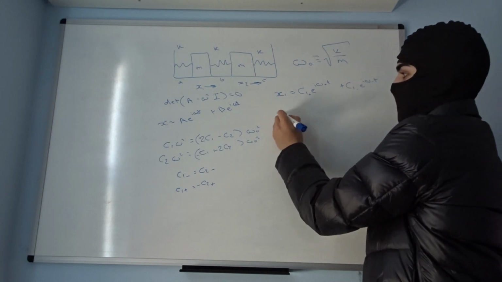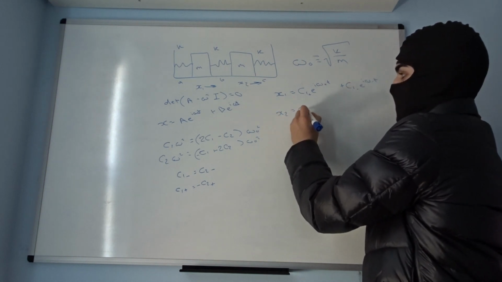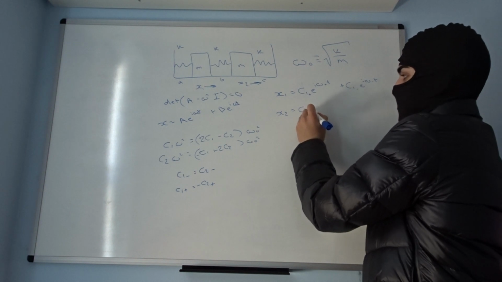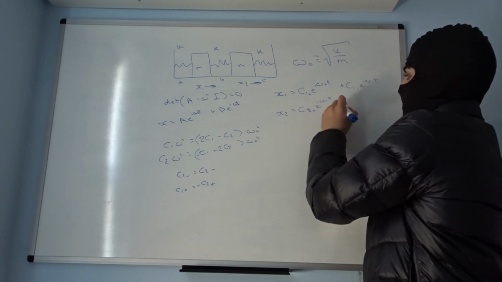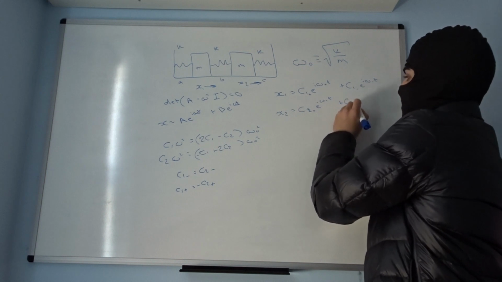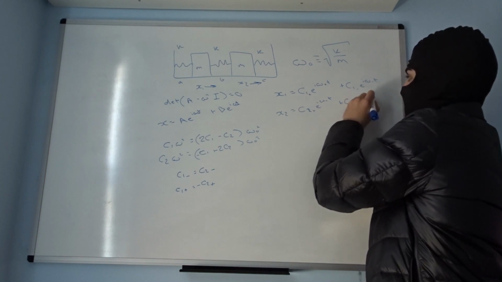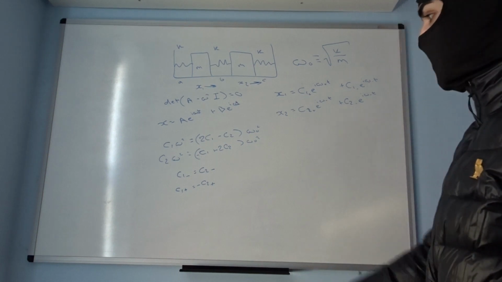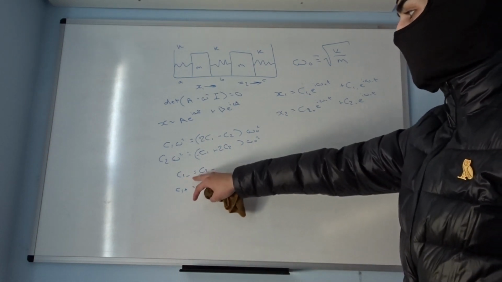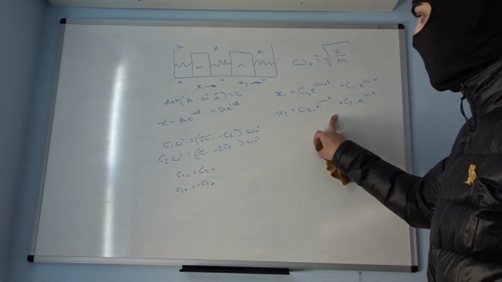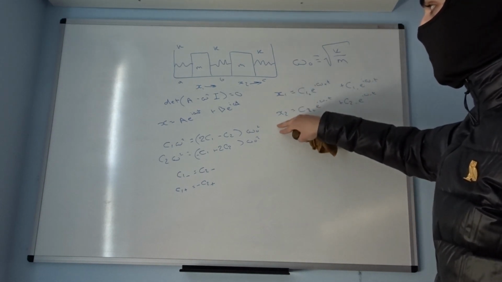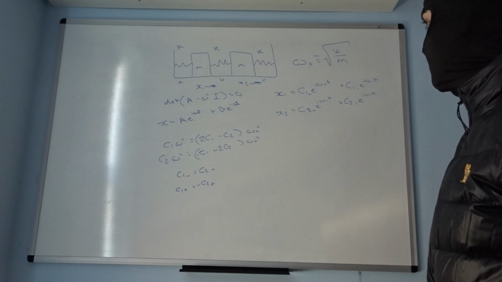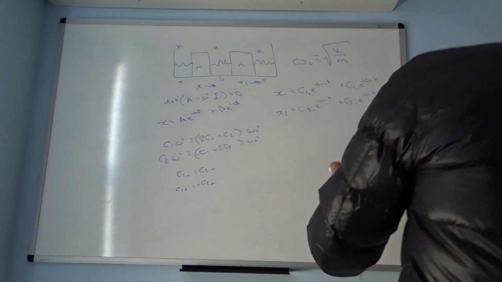And then for x2, C2 plus e^(i omega plus t) plus C2 minus e^(i omega minus t). Now, we did these corrections to make it easier. So now we can just rewrite x1 and x2 as a whole.